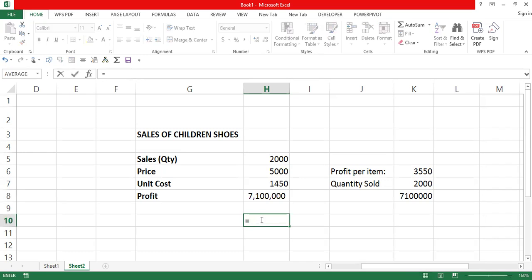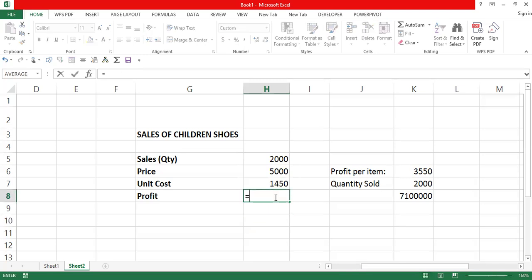Equals the profit per item, which is the price minus unit costs, you close your brackets, times quantity. You still give the same thing. We give the same results.